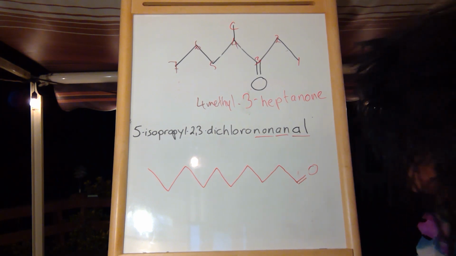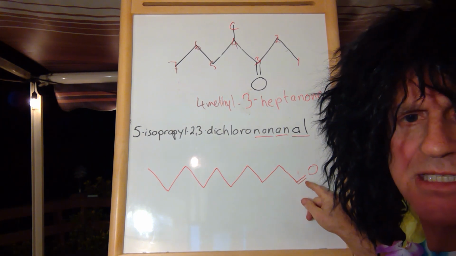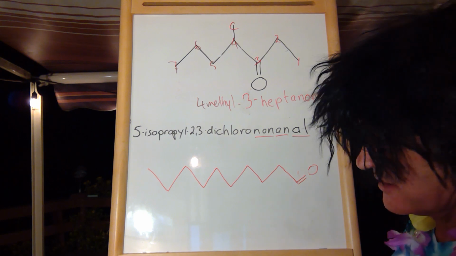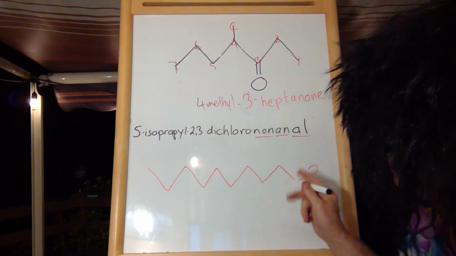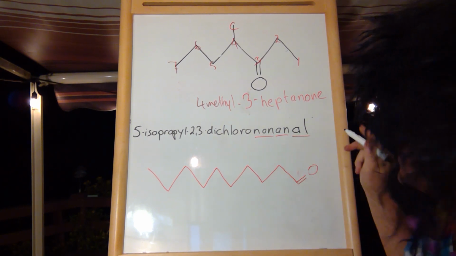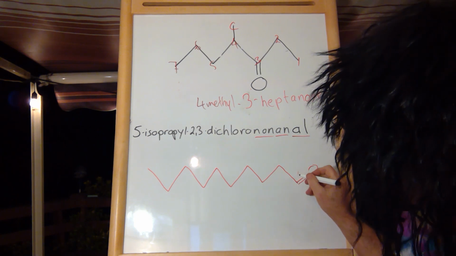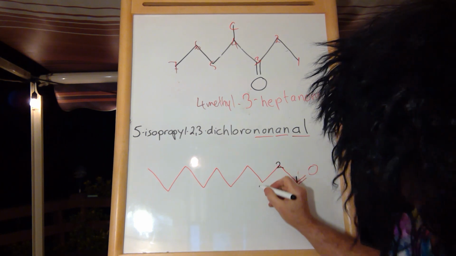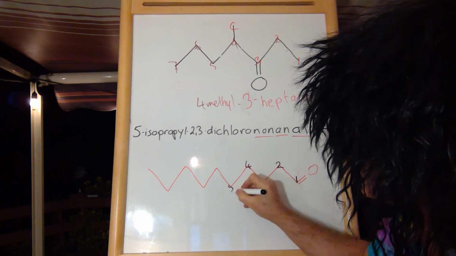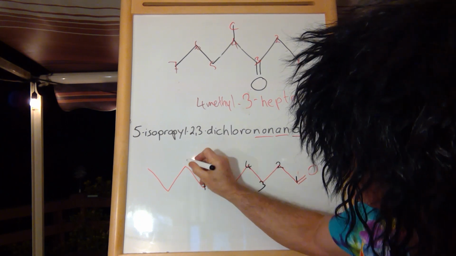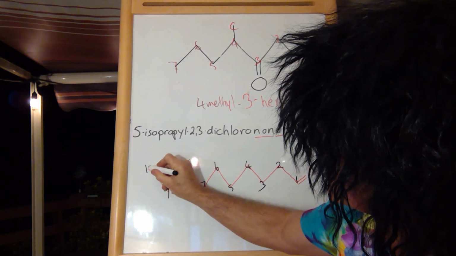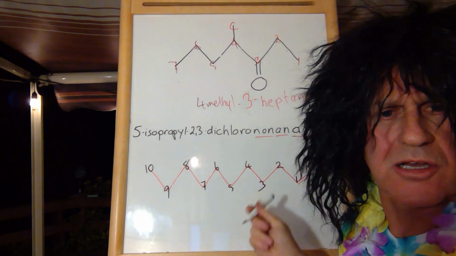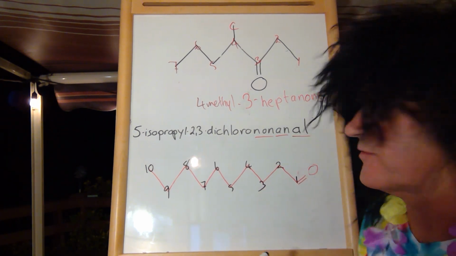Now let's see what else it's got. We've already decided that this is going to be number 1 here. And the reason we've decided that is we've called it nonanal, and because it's the al, that will be the first one. Remember, with the aldehydes, we don't bother to say which carbon the aldehyde group is on, because it's always on the first.